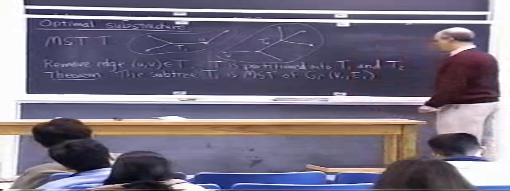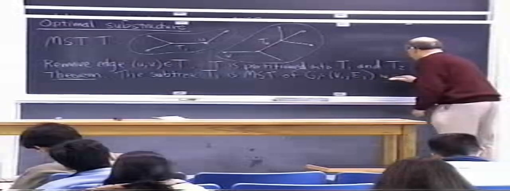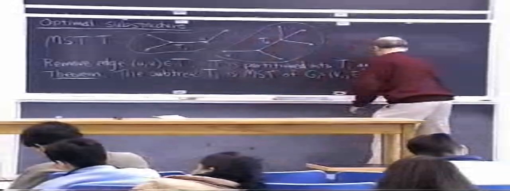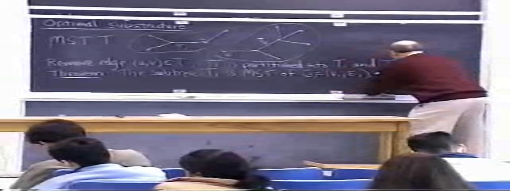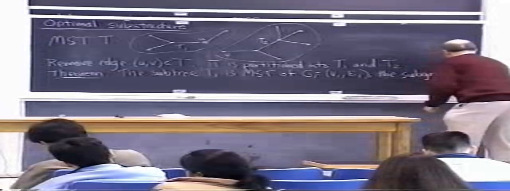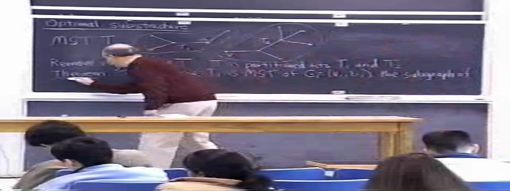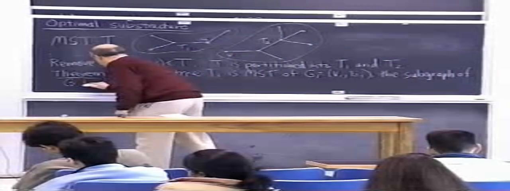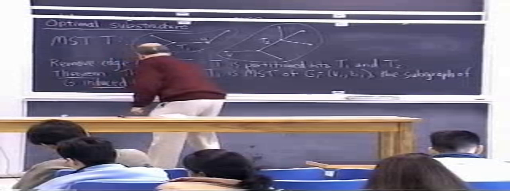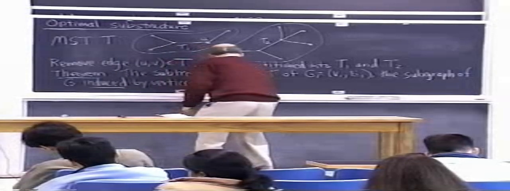How did I phrase this? The subgraph of G induced by the vertices in T1.